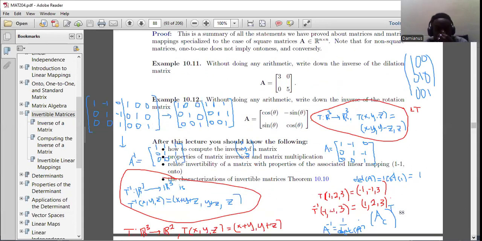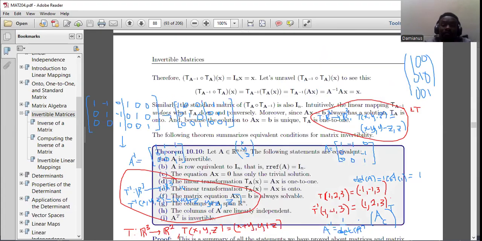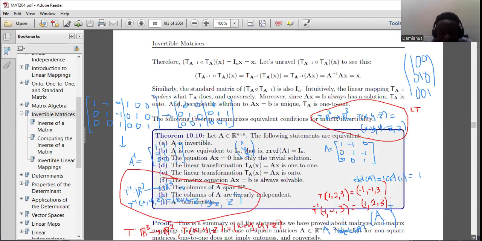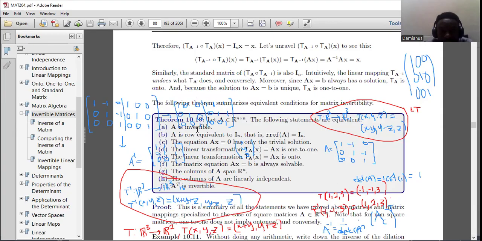So the question now for you would be, is this linear transformation invertible? Here now, one thing I wanted to highlight is that A invertible is equivalent to the identity I_n. In this case, A is 3 by 3. In our case, it's not going to be the same, because you have R3.